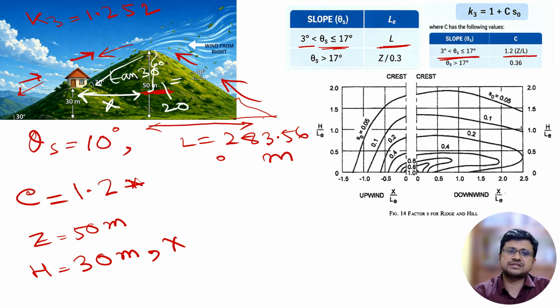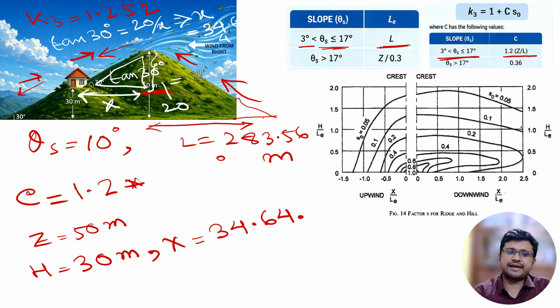For this triangle, the height will be 20 and this is X. So tan 30 degree equals height 20 by X. So X will be 20 by tan 30, which will be 34.64.